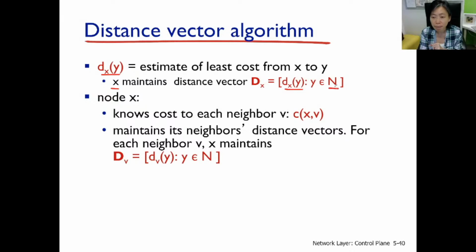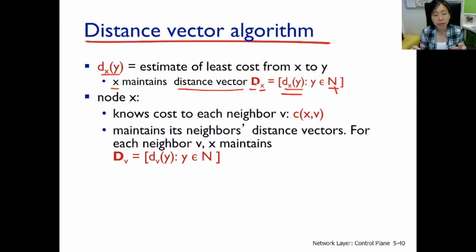So capital N here is the set of the nodes in the network. So we do have multiple values of these dxy, because there are multiple values of these y's. So each of these values is the shortest distance to a destination in the network. Therefore, we call this a distance vector. It's denoted as capital D. Now, because this is the distance vector for node x, therefore it's called Dx.